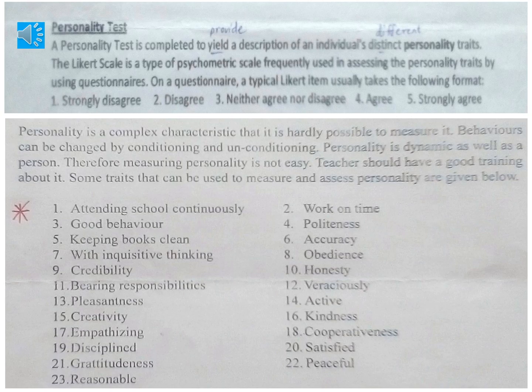Even if not acting, people change, so their personality traits also change. Behaviors can be changed by conditioning and unconditioning. Personality is dynamic. Dynamic means changing, as the person is also changing. Therefore, measuring personality is not easy. Teachers should have good training about it.